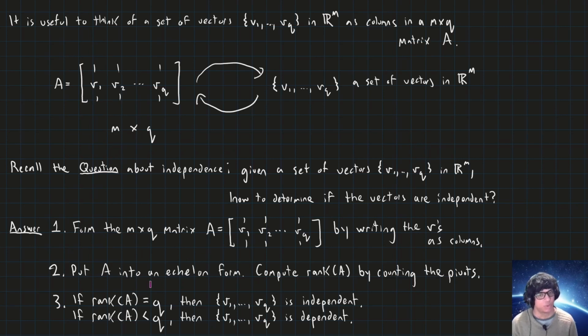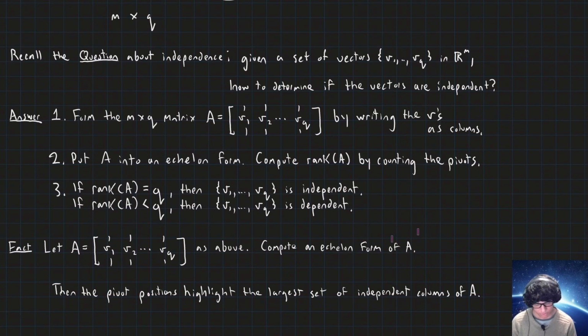That's what the rank is telling you. Additionally, the echelon form, the pivot positioning, tells you how to pick from these vectors so that you create an independent set as large as it can be. So let's work through an example that communicates these ideas.